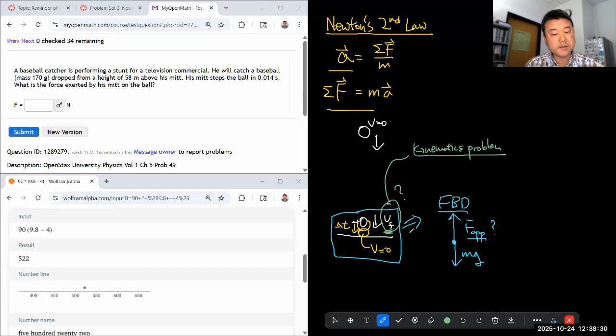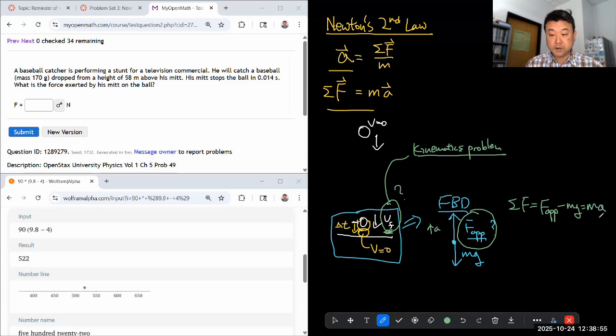Assuming I have this final speed, then in order to get this applied force, it's going to relate to acceleration through Newton's second law. That's the one that says net force, which should be, I guess, accelerating upward. So let me say the applied force minus mg is equal to mass times acceleration.